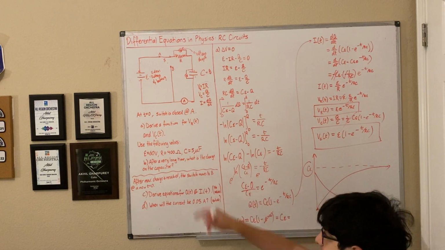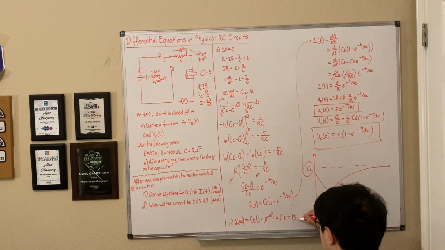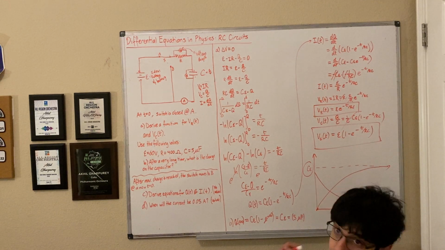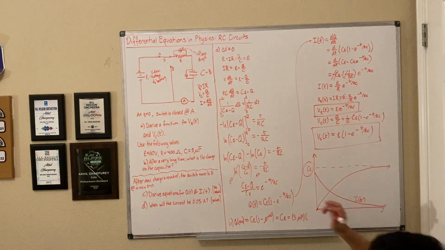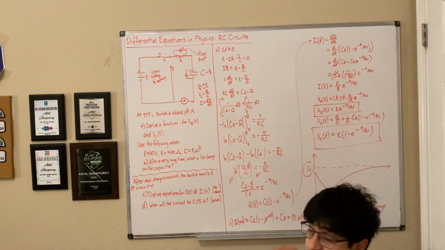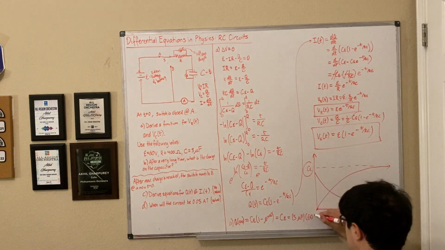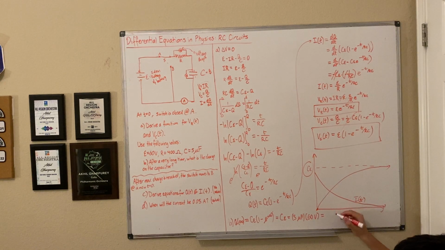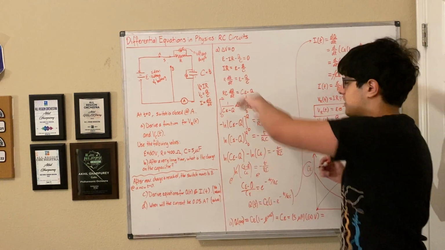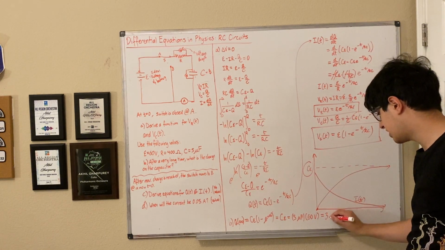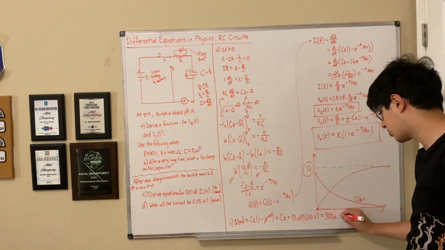But what is C epsilon? Well, C is 5 microfarads, which, by the way, is the unit for a typical capacitor you might see, times the EMF of the battery, which is 60 volts. And as a result, the charge in this capacitor is going to be 300 microcoulombs.